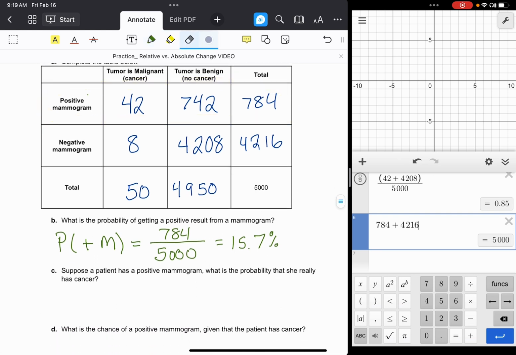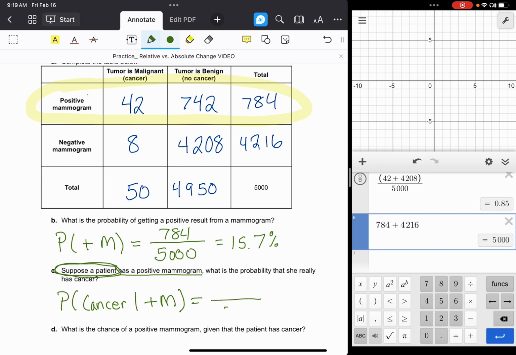So next one, suppose a patient has a positive mammogram. What is the probability that she really has cancer? Ooh, this is a good one where maybe it's not exactly our keywords, but it's still a conditional probability. Suppose a patient has this, I know this is true. So I know this person got a positive mammogram test result. I want to know, what are the chances that the person actually has cancer? So cancer given a positive mammogram.